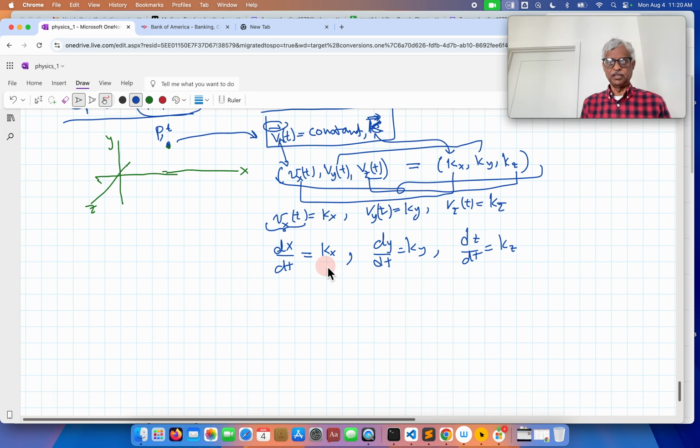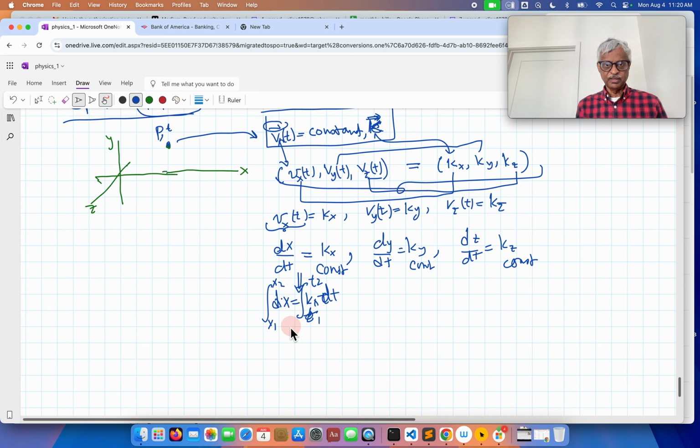Of course, this can be integrated. This is constant, this is constant, this is constant. So this means dx equals kx dt, and this has to be integrated from t1 to t2, with x going from x1 to x2.